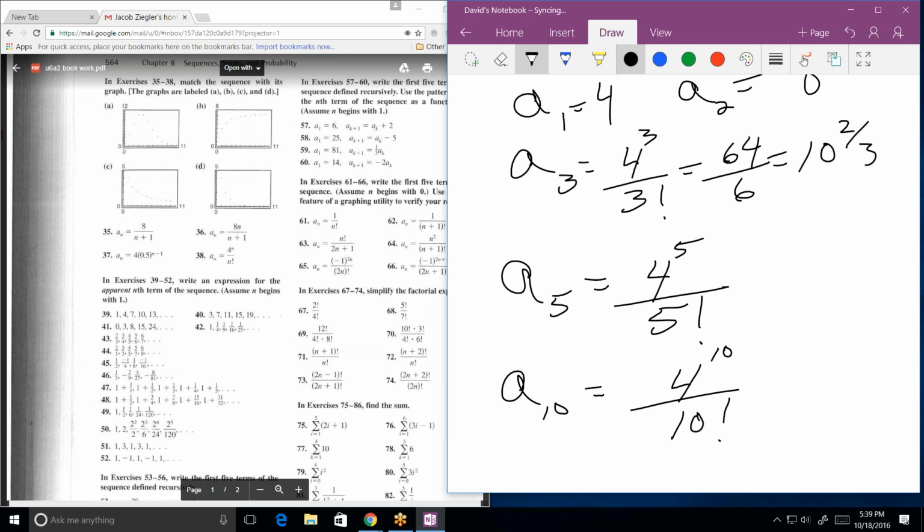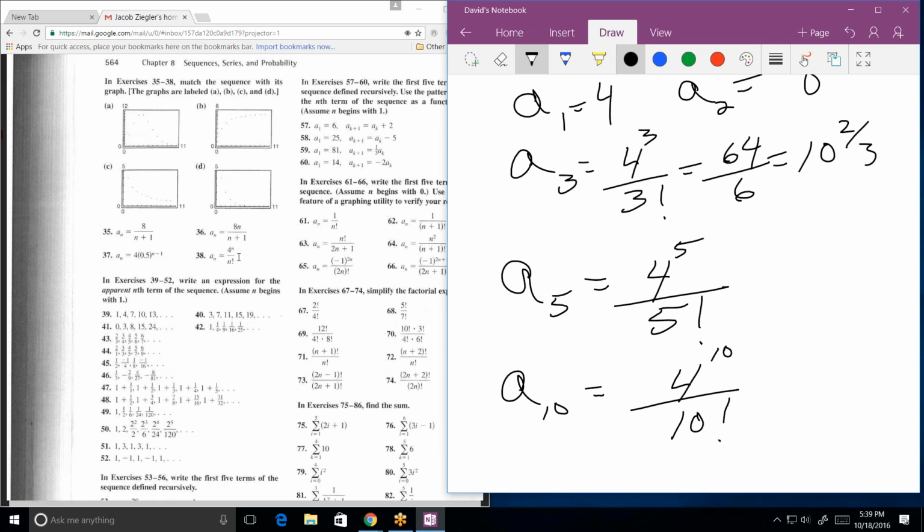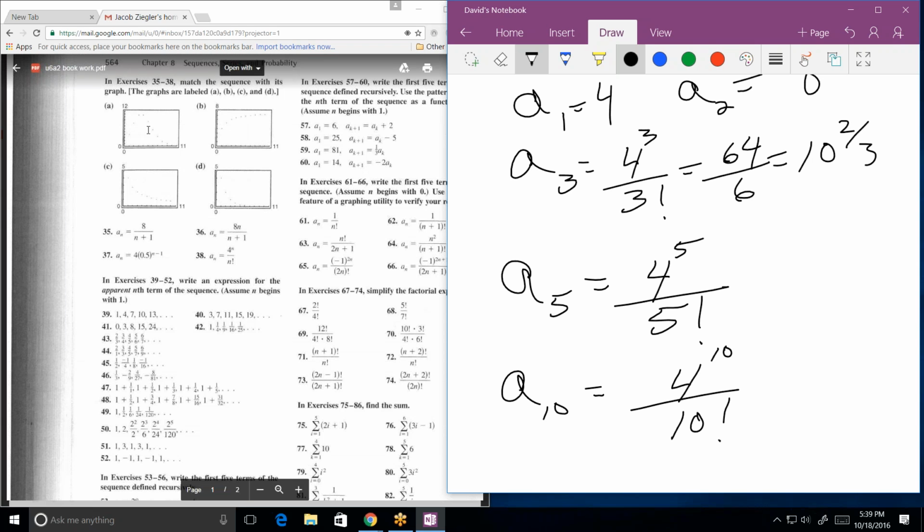What's happening as n gets bigger is this thing turns around and starts approaching 0 again. We know that as n gets infinitely large, the factorial growth outpaces the exponential growth, so the denominator at some point gets bigger than the numerator, and a sub n starts coming down. So the only graph that fits for 38 is A.